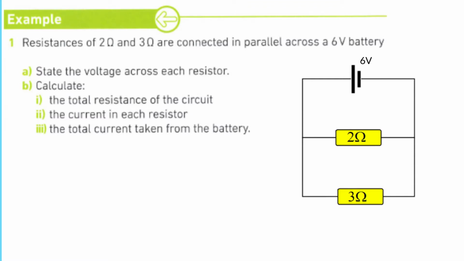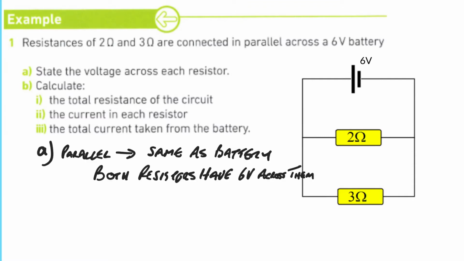Pause it now. Okay, well, we did say before that when things are in parallel, they have the same voltage across them. So the voltage across these two resistors will be the same as the battery voltage. So we can say that both resistors have the 6 volts across them.